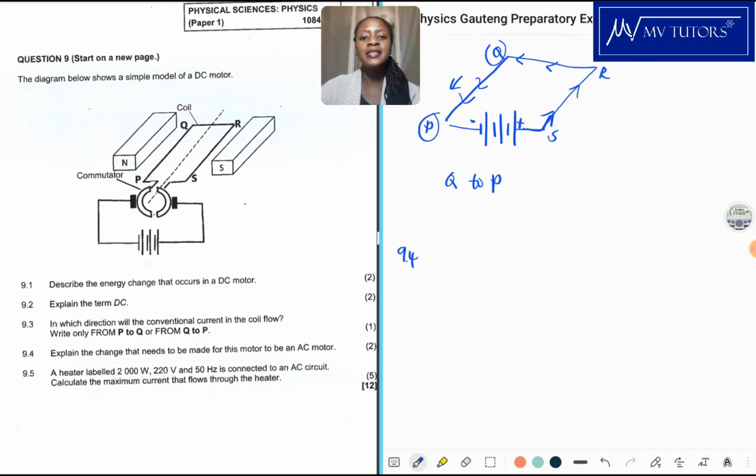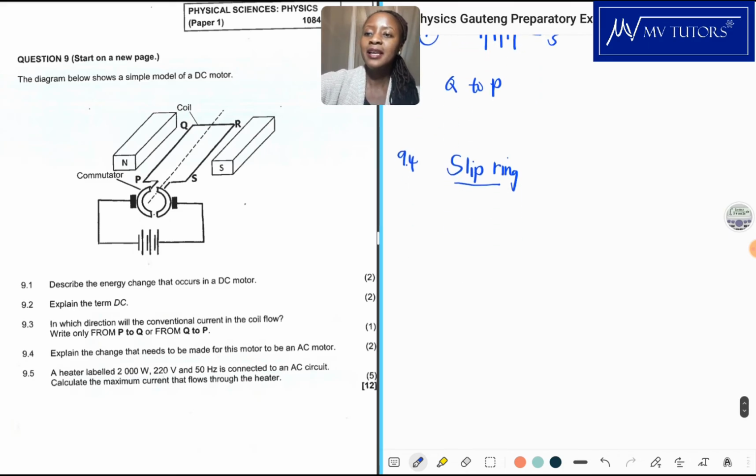It won't be split anymore. You're going to need a slip ring, not a split ring. So, play on words. There you have a split ring commutator, here you have a slip ring commutator. That is what will assist us in getting this motor to be an alternating current motor.